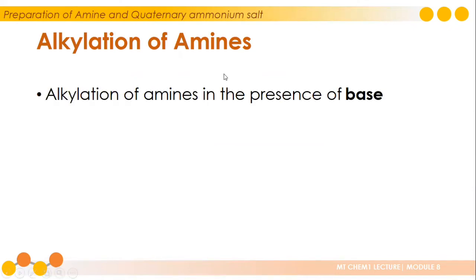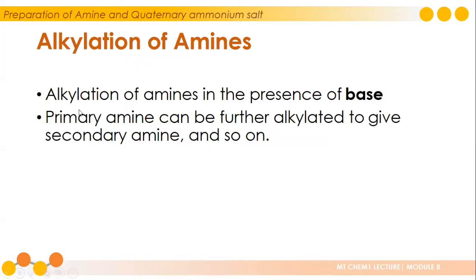Alkylation of amines happens in the presence of a base. This simply means that a primary amine can be further alkylated to give secondary amines and tertiary amines. By undergoing this process, we can produce secondary and tertiary amines from the existing primary amine that we have.